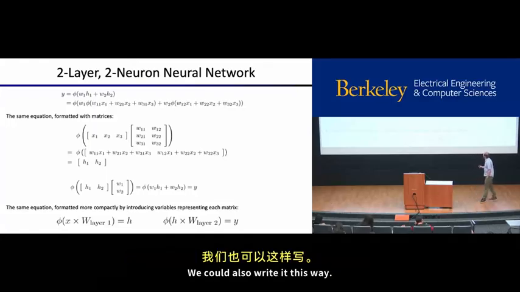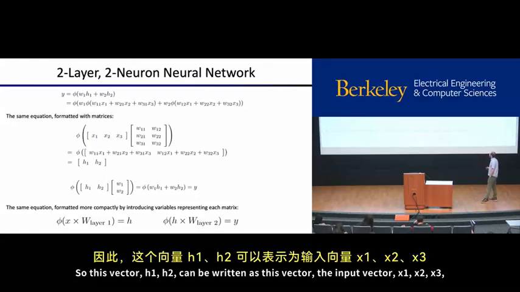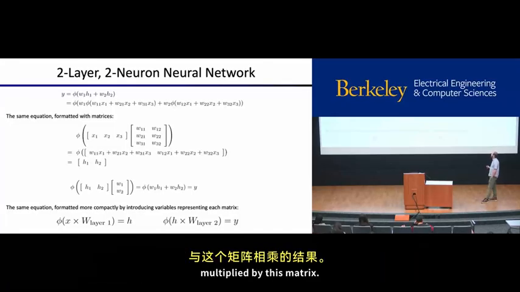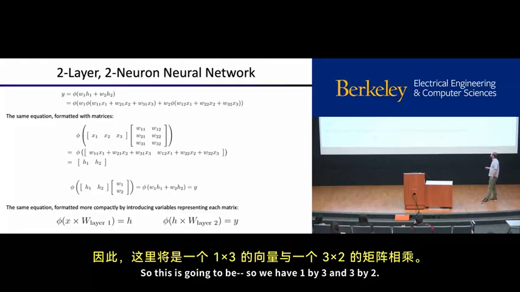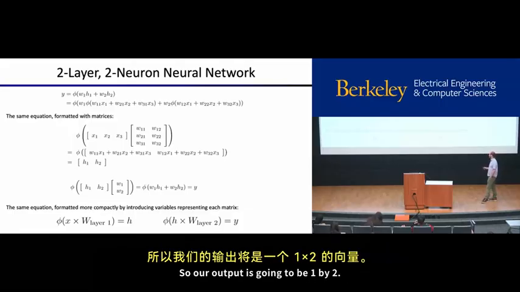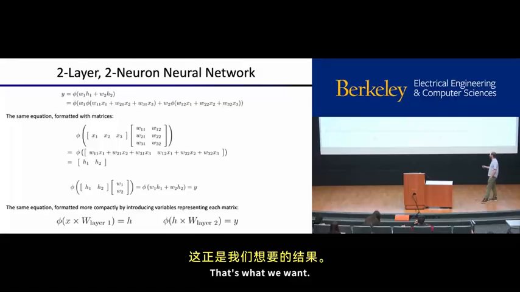We could also write it this way. This vector, H1, H2, can be written as the input vector, x1, x2, x3, multiplied by this matrix. So we have 1 by 3 and 3 by 2, so our output is going to be 1 by 2. That's what we want.